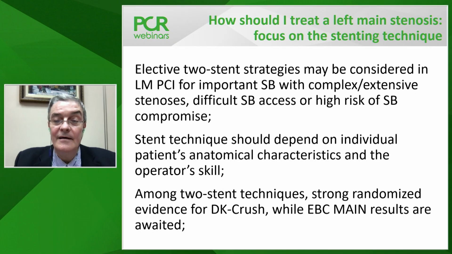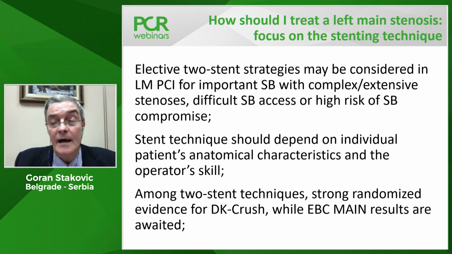I would like to conclude this one, and if I can have my final slide. Today, we discussed how to treat left main stenosis, focusing on the selection and execution of the stenting technique. Elective 2-stent strategies may be considered for left main PCI for important side branch with complex and extensive stenosis, for difficult side branch access or high risk of side branch compromise.